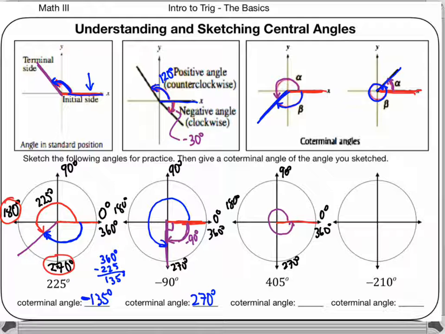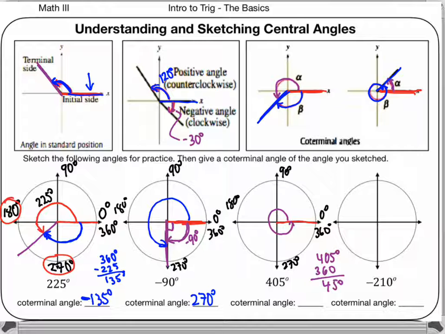To find out how much further than 360 it's gone, if I take 360 off of that, I get a 45 degree angle.